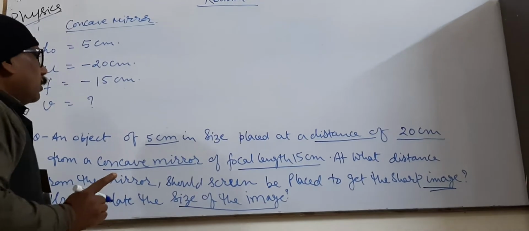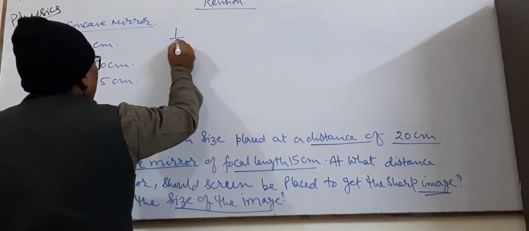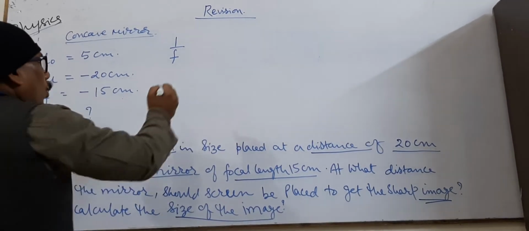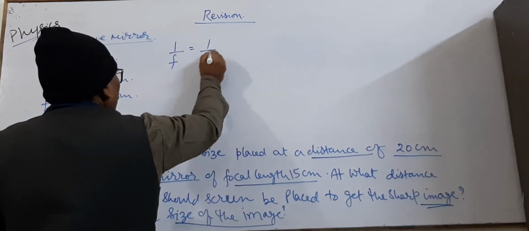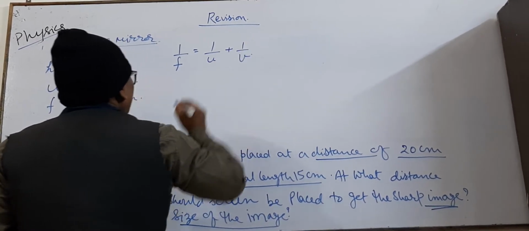So first of all, the most important thing is that you should write the formula, that is the mirror formula. The mirror formula is 1/F = 1/U + 1/V.